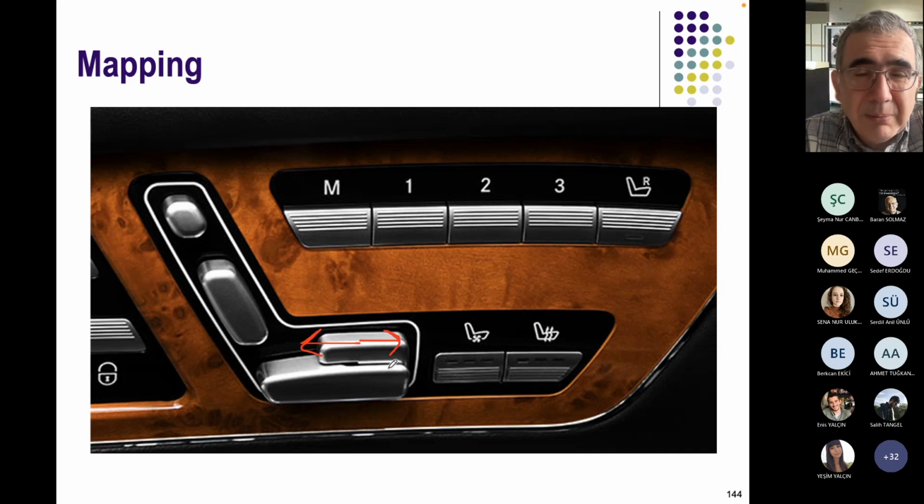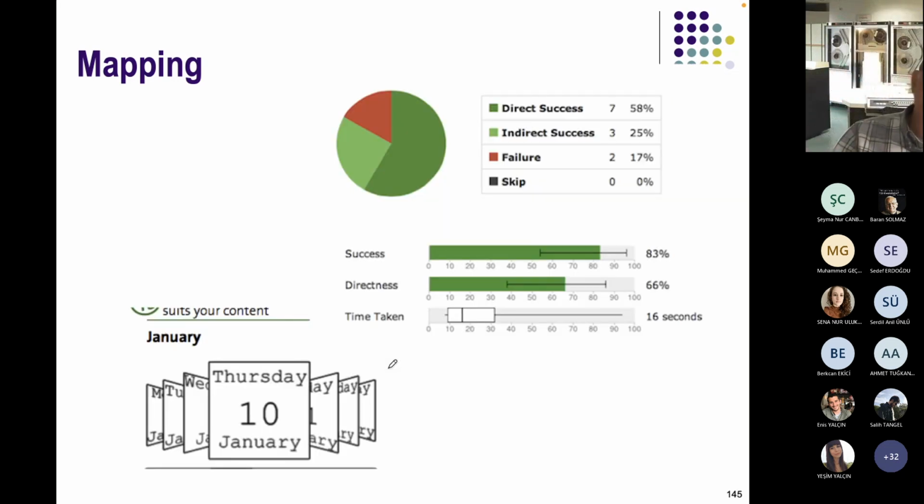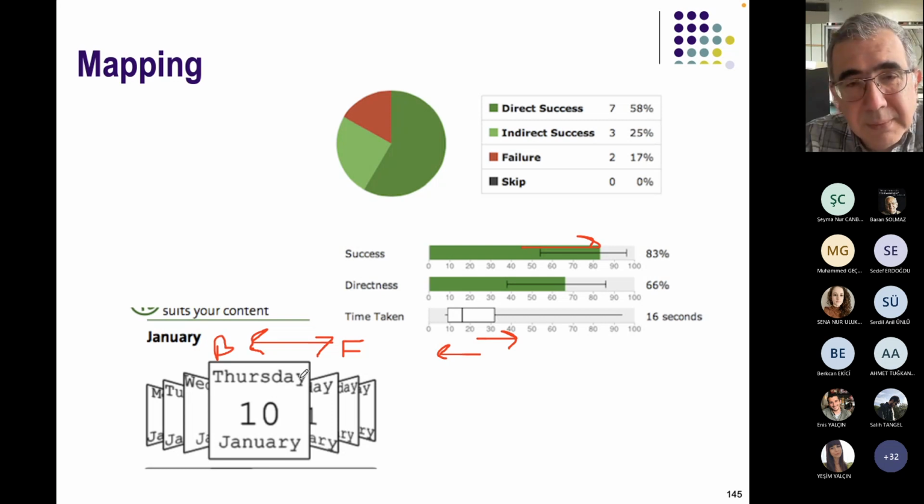That is what correct mapping is. Such as this, increasing the variable, decreasing the variable, going back and forth. This is forward, this is backward in the calendar. Okay, so these are correct mappings.